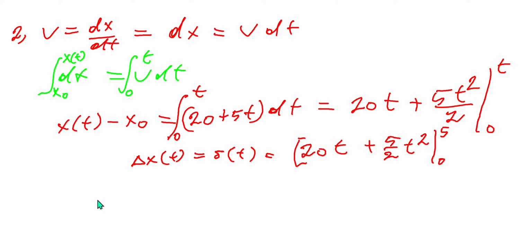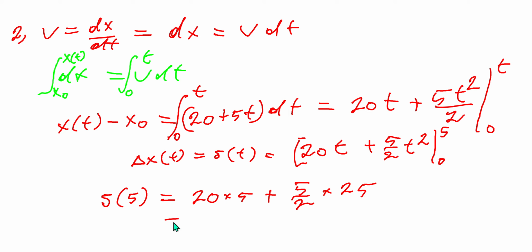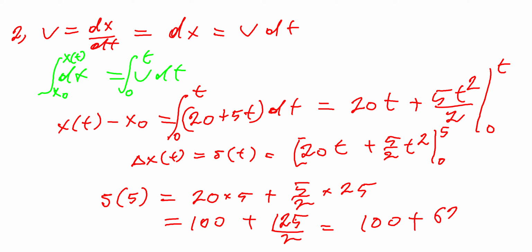Therefore, the displacement s of 5 seconds is equal to 20 times 5 plus 5 over 2 times 5 squared, which is 25, which is equal to 100 plus 5 times 25 over 2, which is 125 over 2, which is equal to 100 plus 62.5.